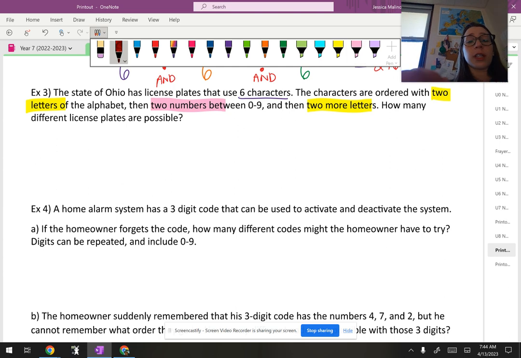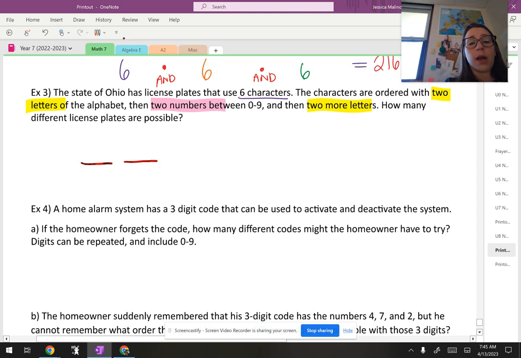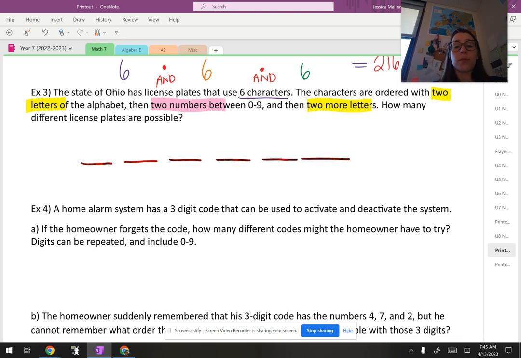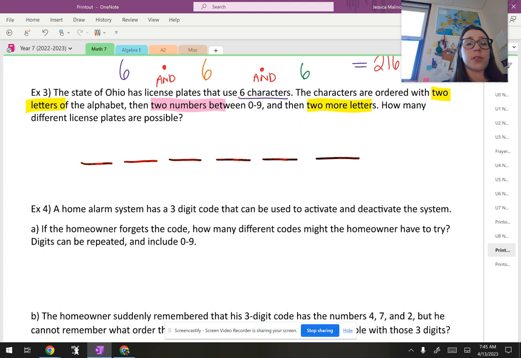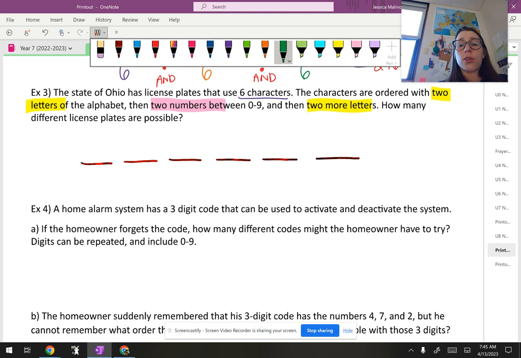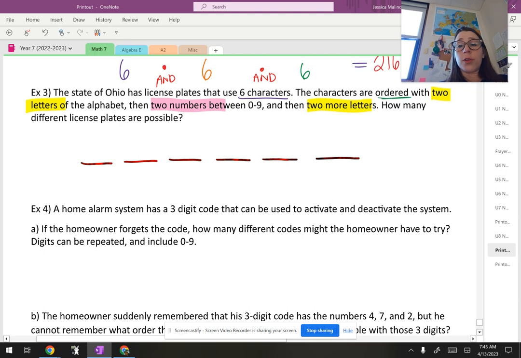All right, so first thing I'm recognizing was, again, that there's 6 characters to these license plates. So I'm just going to start with 6 spaces, kind of like when I was doing the ordering the people. 1, 2, 3, 4, 5, 6. Awesome. So then we know that they are in order with 2 letters of the alphabet.